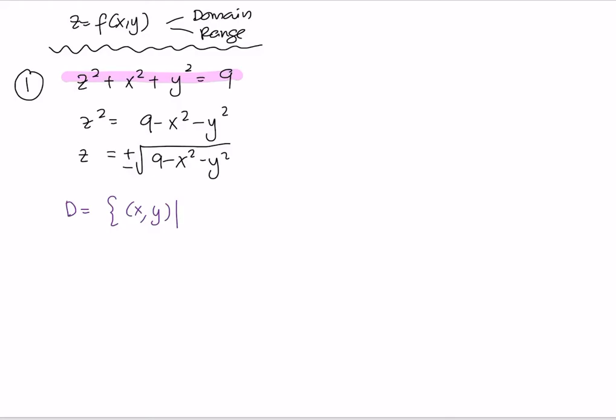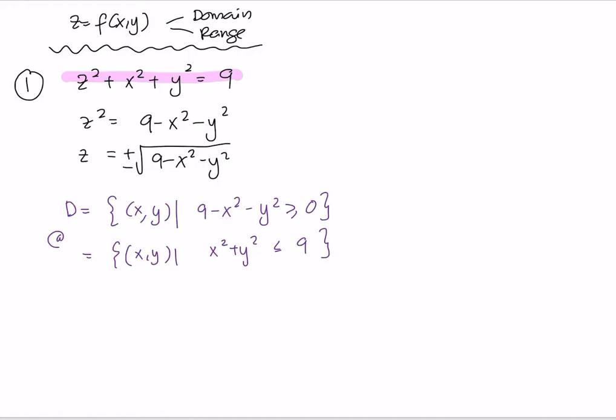Since it is a square root, the expression under the square root for a real number must be greater than or equal to 0. Therefore you will have 9 minus x squared minus y squared greater than or equal to 0. You can rewrite it as x squared plus y squared less than or equal to 9. So you know that this is a circle.